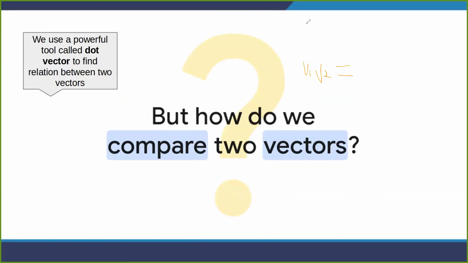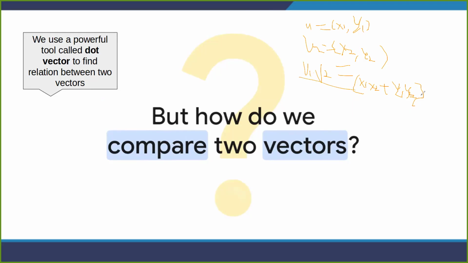Let's say v1 is (x1, y1) and v2 is (x2, y2), then v1 dot v2 is basically x1 x2 multiplication plus y1 y2 multiplication. So it's multiplication and then the whole summation.